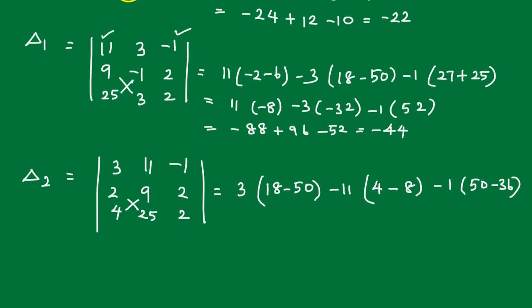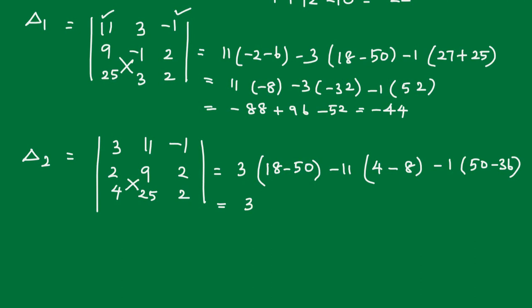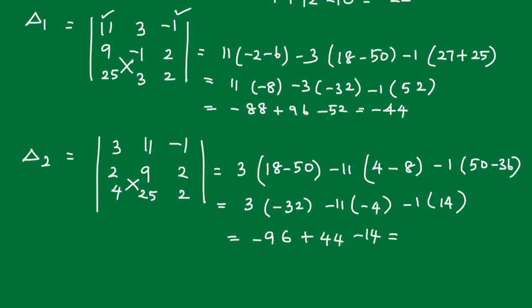Now this is equal to 3 into 18 minus 50 gives us minus 32, minus 11 into minus 4, minus 1 into 14, which is equal to minus 96 plus 44 minus 14, which is equal to minus 66.